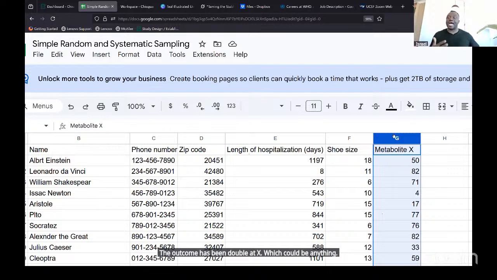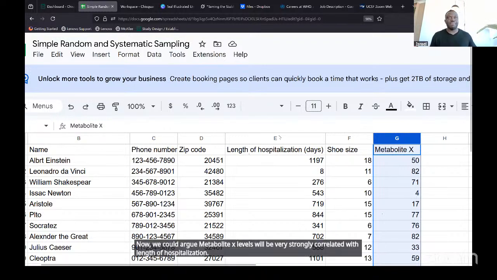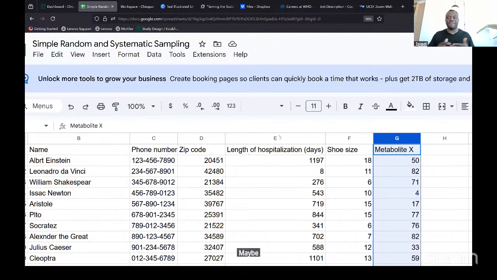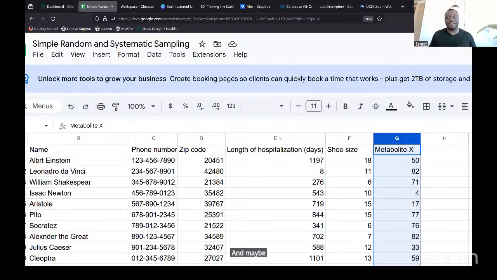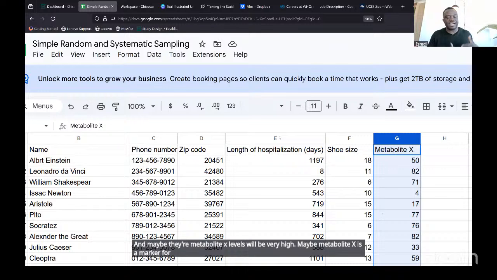Now, we will argue that metabolite X levels will be very strongly correlated with length of hospitalization. Maybe individuals who have been hospitalized for very long periods of time are individuals who are very, very sick. And maybe their metabolite X levels will be very high. Maybe metabolite X is a marker for liver condition or kidney condition. We don't know, right?